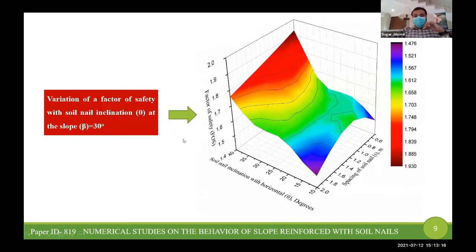Now here is a 3D diagram to show the factor of safety values for a nail inclination theta for the soil slope beta equal to 30 degree. Here we can see that as the spacing of the soil nails increases, the factor of safety decreases. Also, with increase in theta value, the factor of safety increases up to 30 degree for theta value, and after that it tends to decrease.